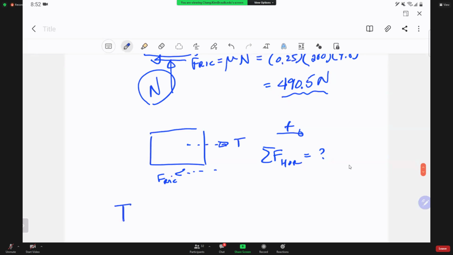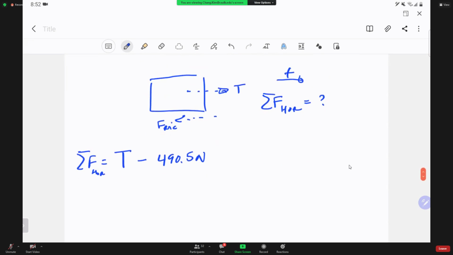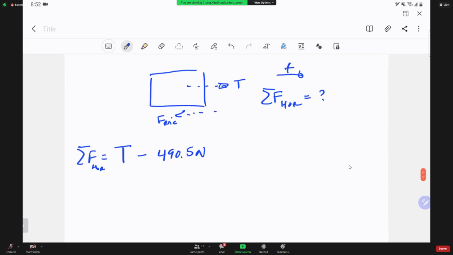So T, the tension, minus the friction, which is 490.5 N, that is the net force. All the forces acting in the horizontal direction. All right, so that's it.